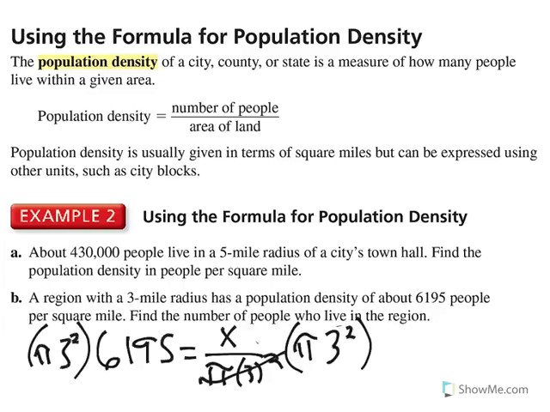On this side, they cancel, and I'm left with just x. On the other side, I'm going to multiply all that out: 3 squared times pi times 6,195. When we multiply that out, we get that x is equal to 175,159.5.